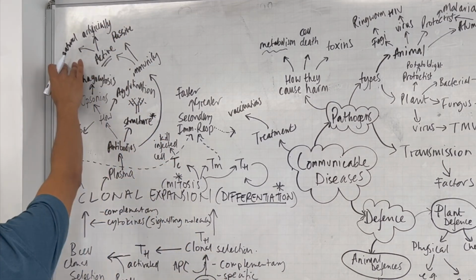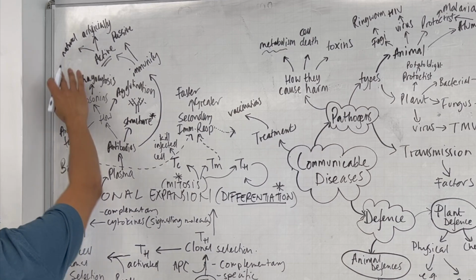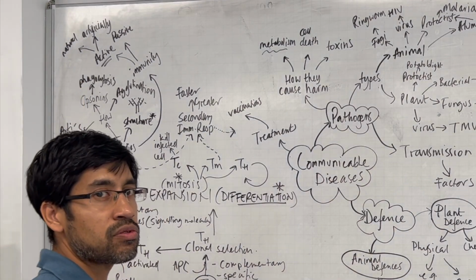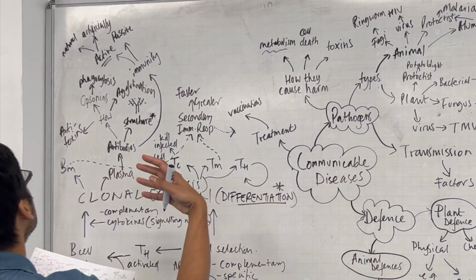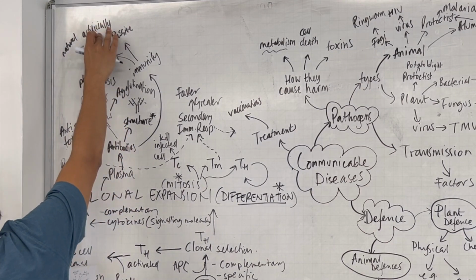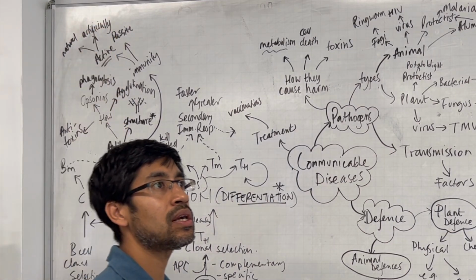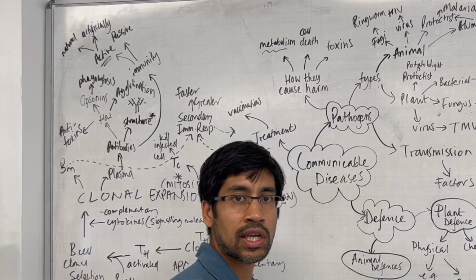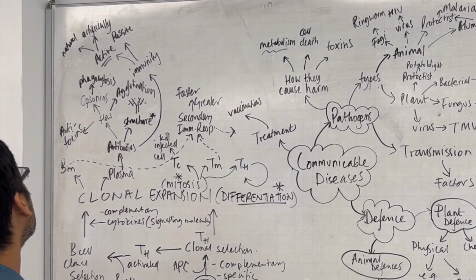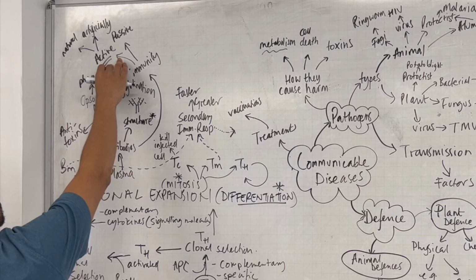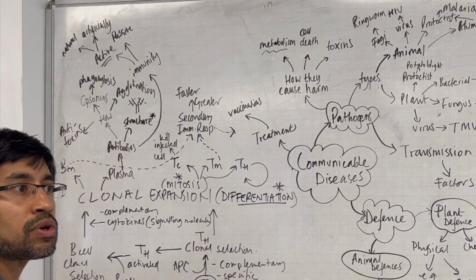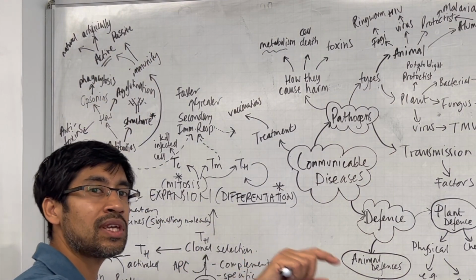So active natural would be an immune response: you've got infected and you made an immune response. Active artificial would be something like getting a vaccination, which is not natural, it's artificial, but you've still produced those antibodies because you made an immune response to the antigens in the vaccine.